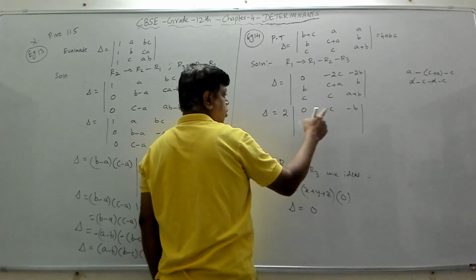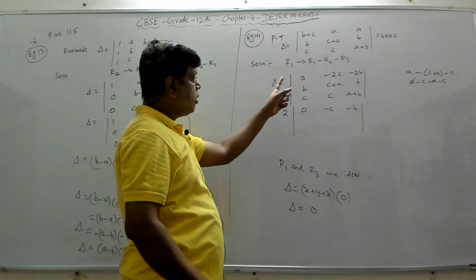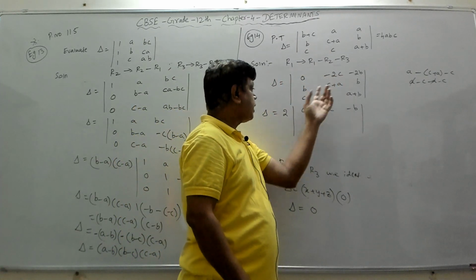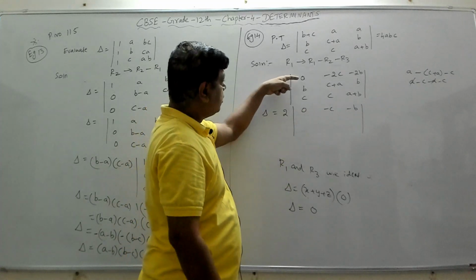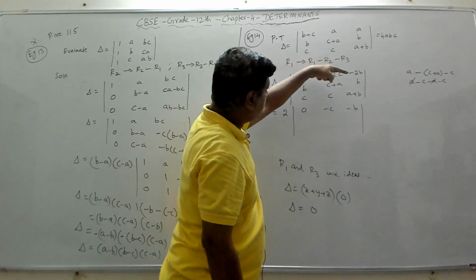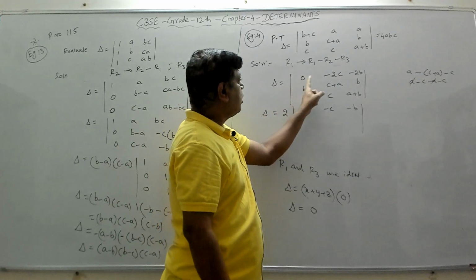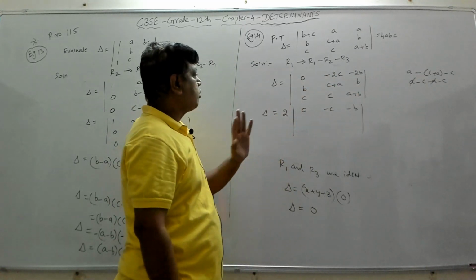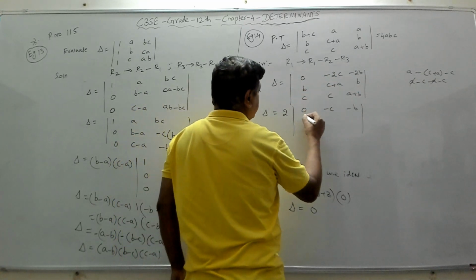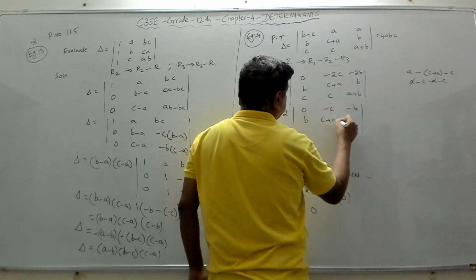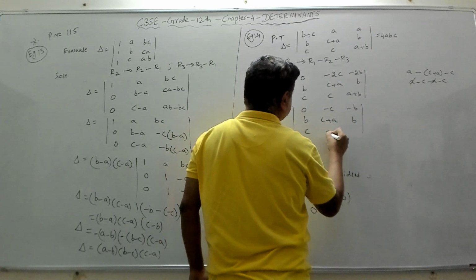If every element of one row or one column has a number, that number can be taken out of the determinant. Here a 2 is present in each element of row 1, so it can be taken out.